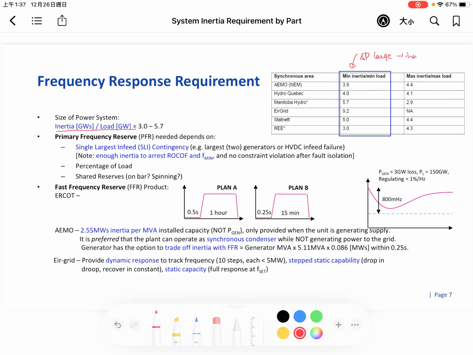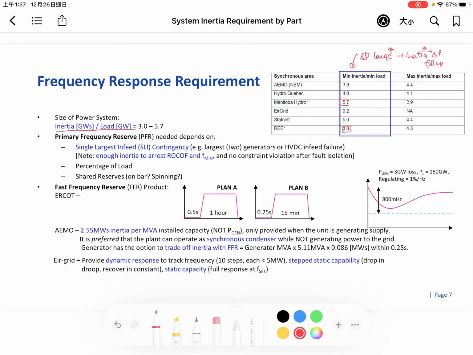Then the inertia must be large to fill up the delta P. The normal value is 3 to 5.7 for REE and 5.7 for Manitoba Hydro, which is another company's synchronous area.